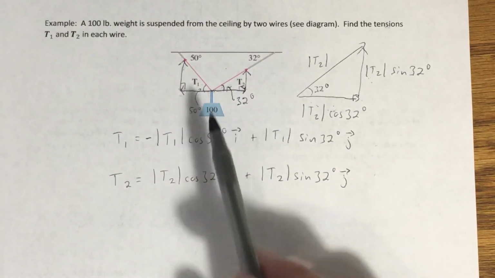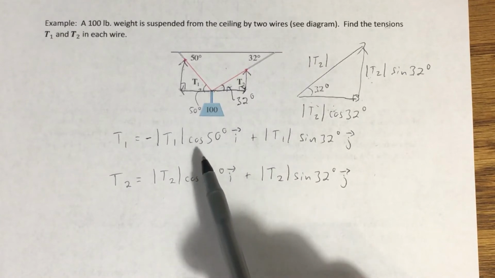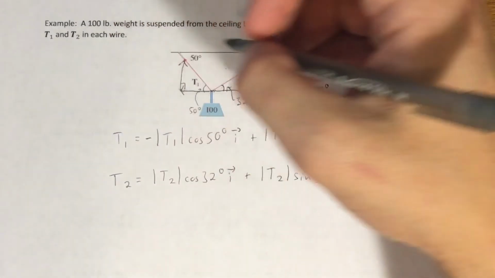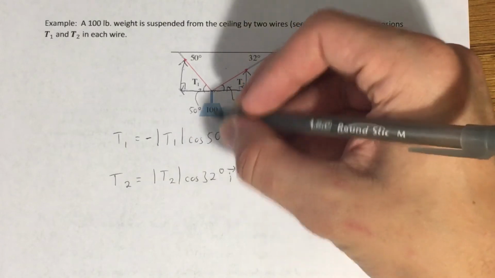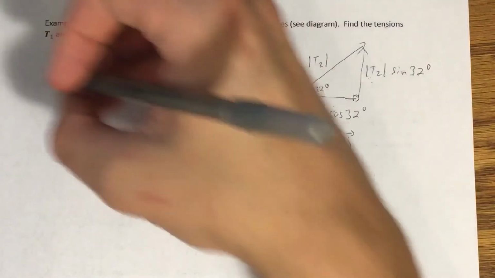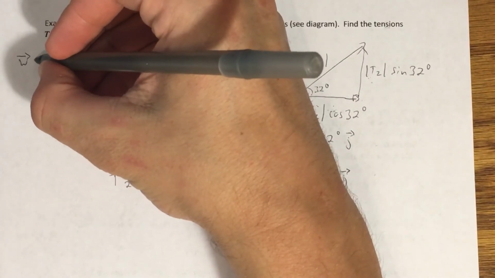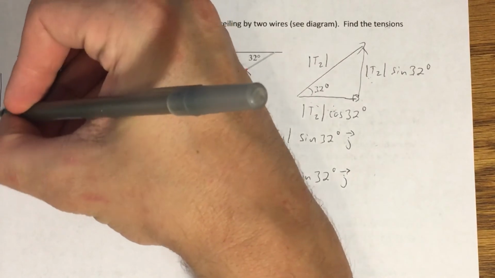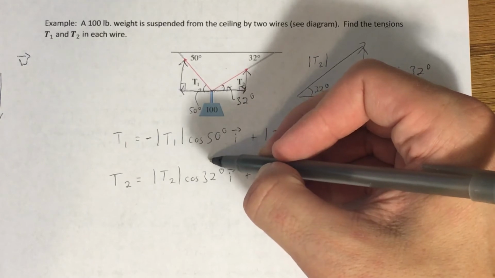The 100-pound weight, if you think about the force exerted by that weight, that force is acting downward, right? So off to the side, there's an arrow that I could draw here, but I'd be drawing it over my work. I'm going to think of W as the force acting on that weight, okay? Now, the force is acting purely downward. So I'll draw it right here. If that's our 100-pound weight, gravity is pulling it straight down.